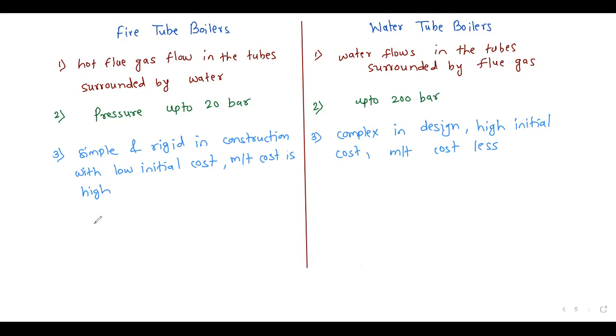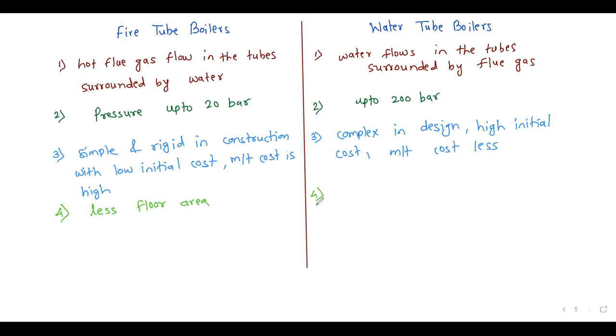The next point is the floor area required. Floor area means how much space they are going to occupy. Fire tube boilers require less floor area, because mostly, like the Cochrane boiler, the axis is vertical, so it occupies less floor.